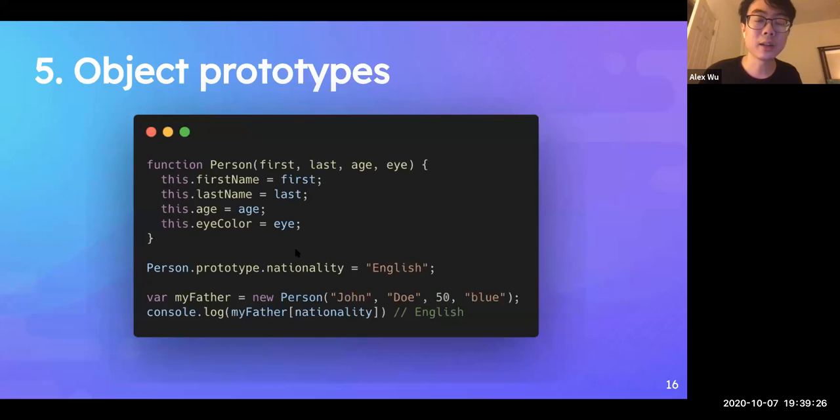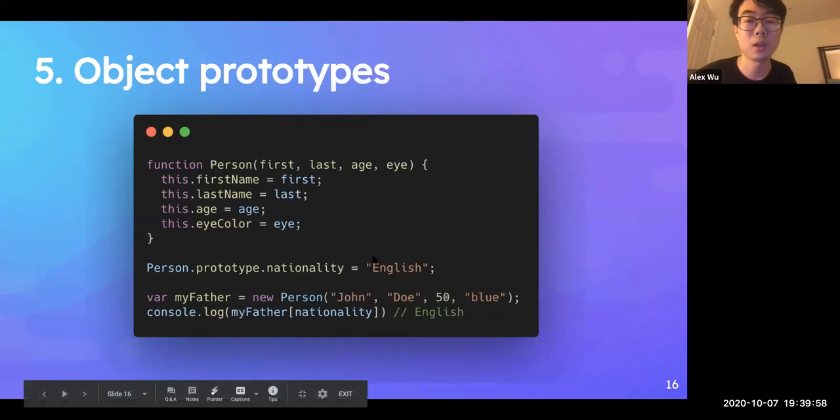After you add this line, all the persons created onwards will have the nationality property, automatically filled in with the value English. Even though we don't specify English or nationality in the person constructor, if we add this line before creating the object, it will automatically inject the nationality property into all the person objects created from now on.